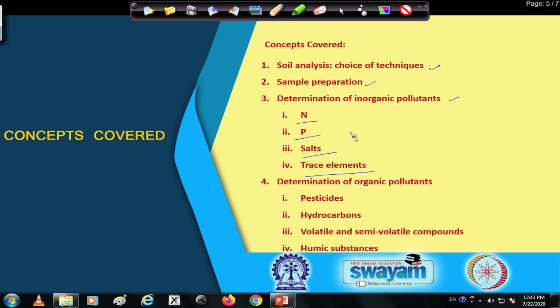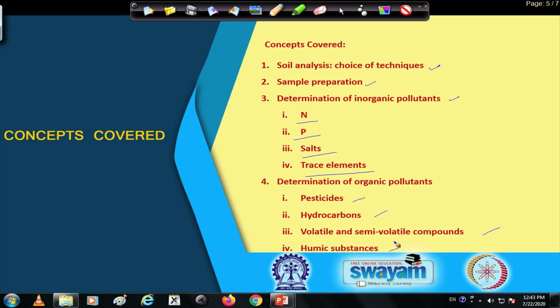So, we are going to cover all these, and then once we cover the determination of inorganic pollutants, we are going to cover the determination of organic pollutants like pesticides, then hydrocarbons, then volatile and semi volatile compounds and humic substances.